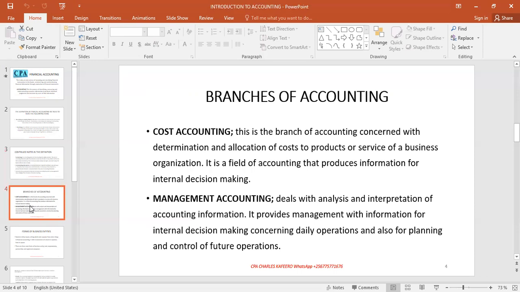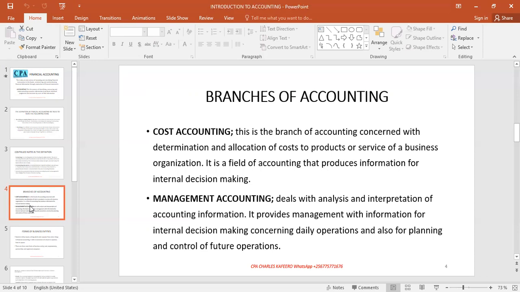Cost accounting is the branch of accounting concerned with the determination and allocation of costs to products or services of a business organization. So cost accounting is only interested in the allocation and determination of the costs of the products.